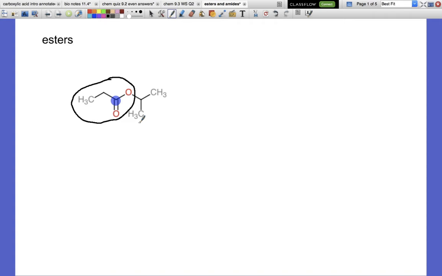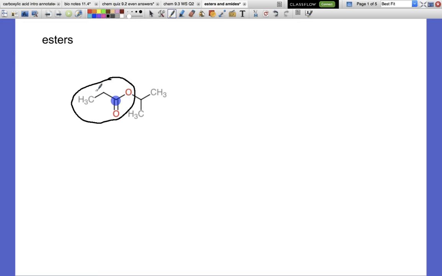So again, it's very, very similar to looking at a hemiacetal, but instead of an aldehyde and an alcohol, it's a carboxylic acid and an alcohol. So I need to be able to identify those parts so I can name this ester. That's one of the main things we're going over here.